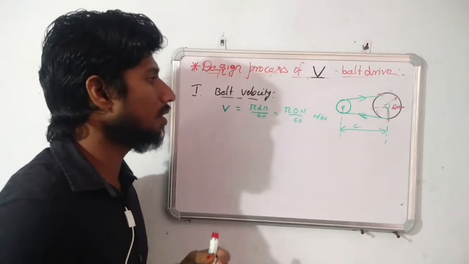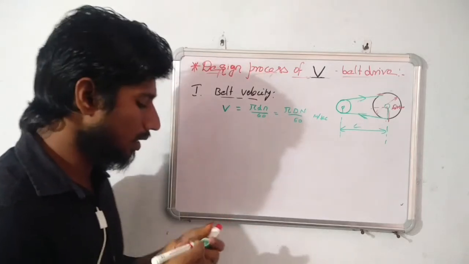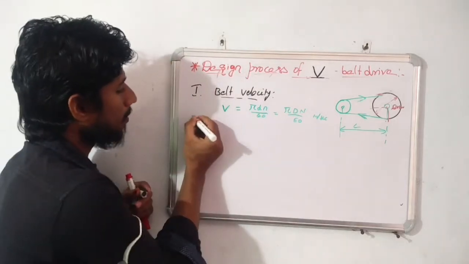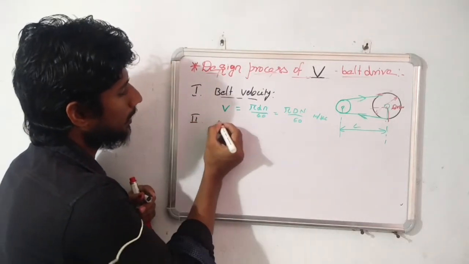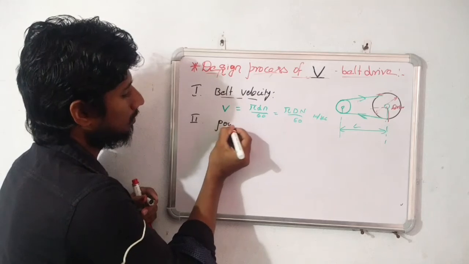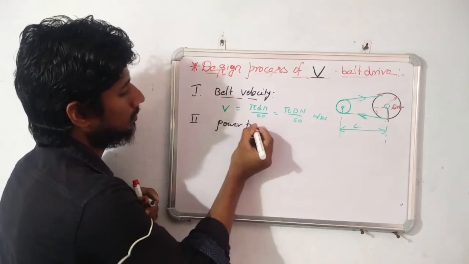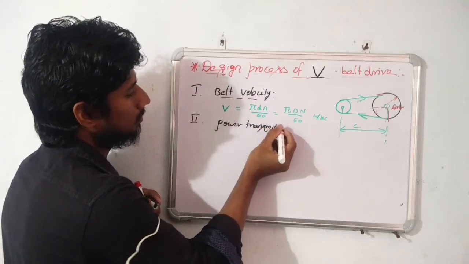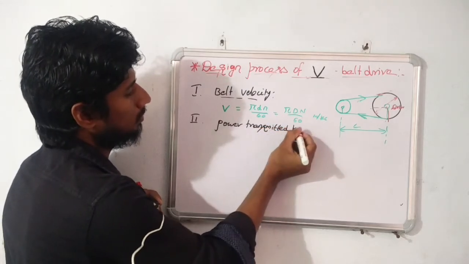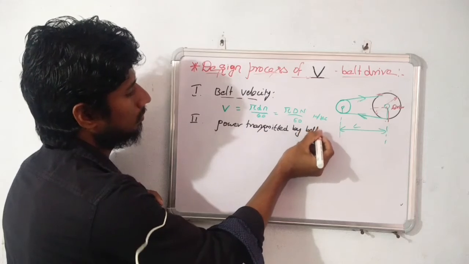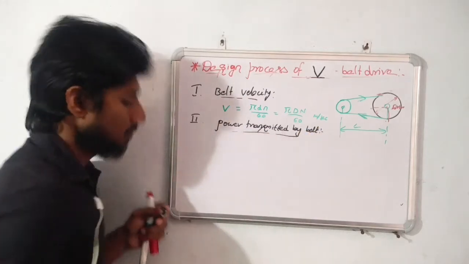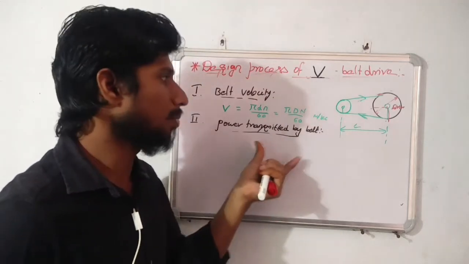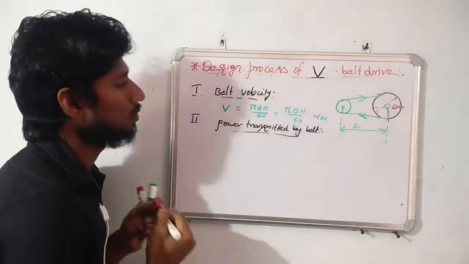So this is the formula to find out the belt velocity, and next we are going to find out the power transmitted by belt. How much power is to be transmitted with the help of a V-belt?